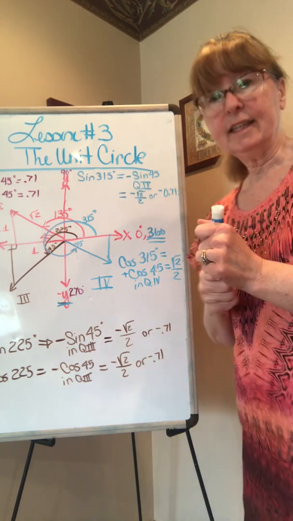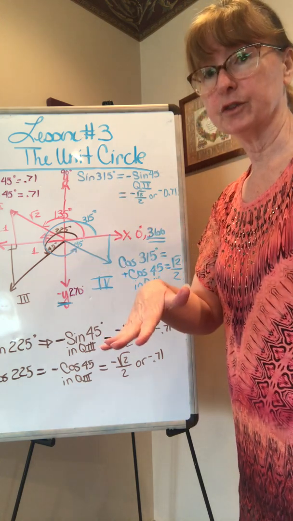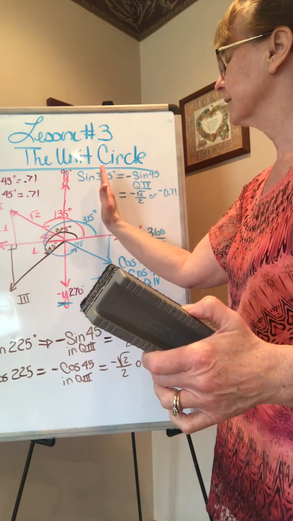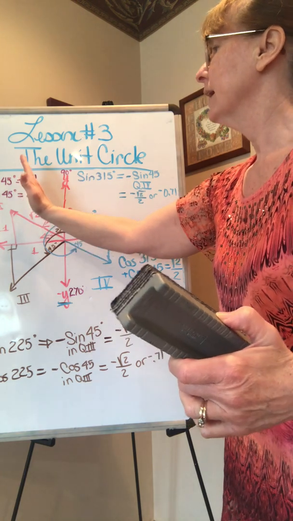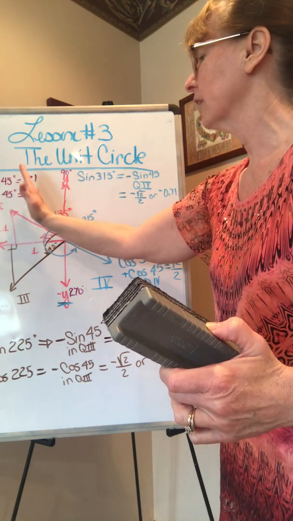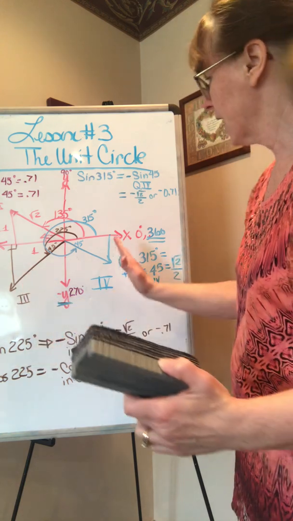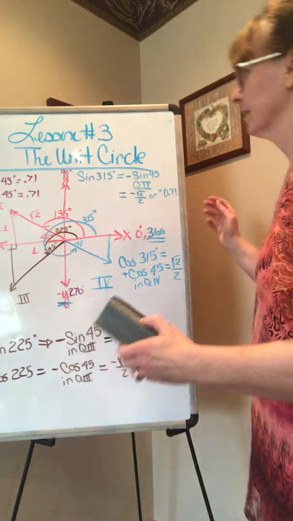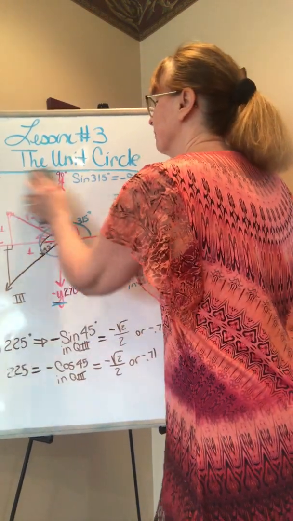The thing is, it matters where you land. Where's your 45 degrees? Is it in quadrant 1? It's positive for x and positive for y. In quadrant 2, it's positive for y, negative for x. Quadrant 3, negative for both x and y. And quadrant 4, it's positive for x and negative for y, which brings us to this little acronym.